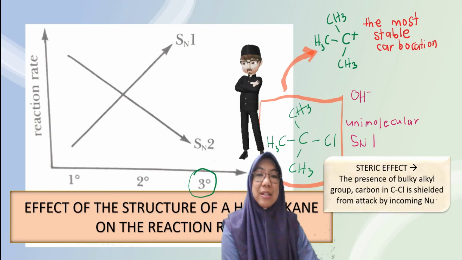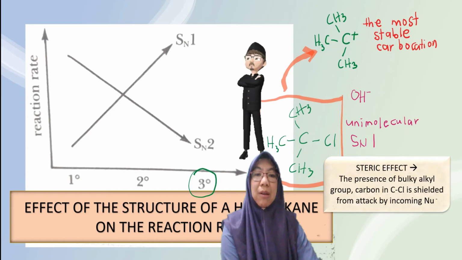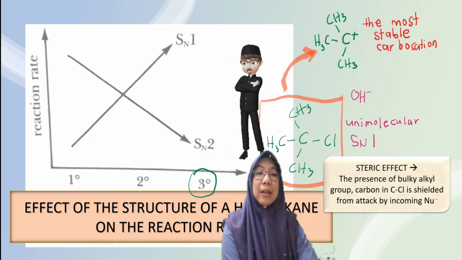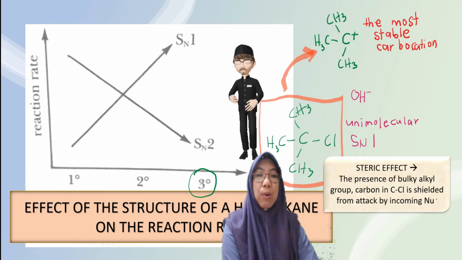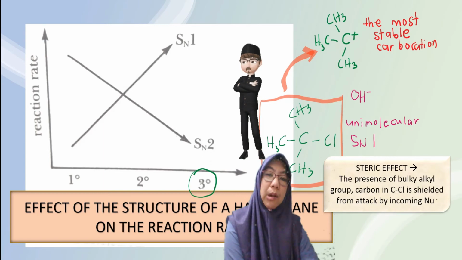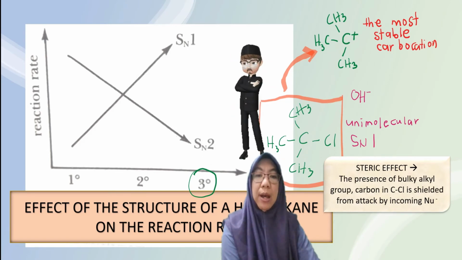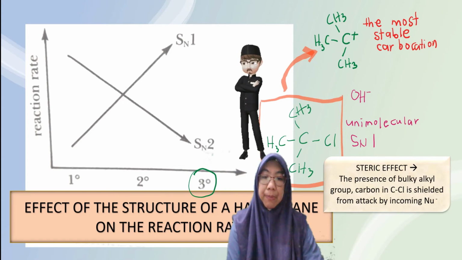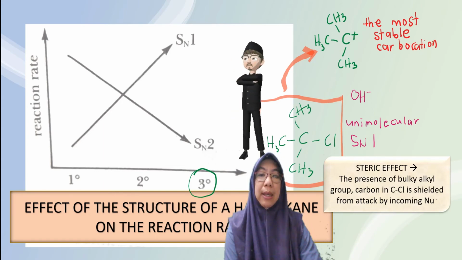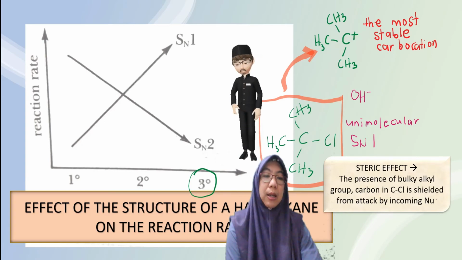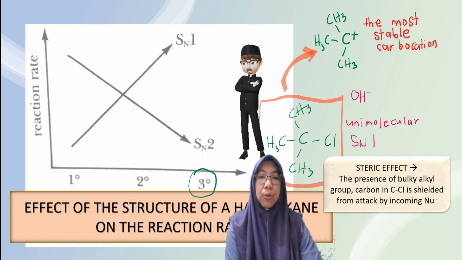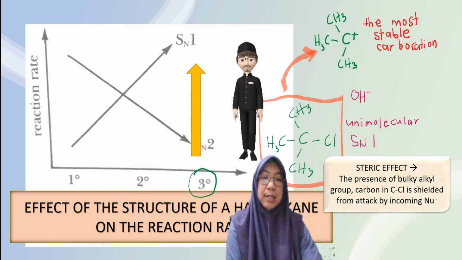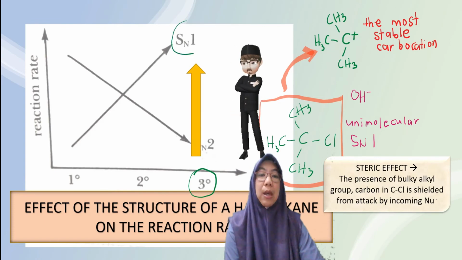The three alkyl groups shield the carbon, so they keep the OH, the nucleophile, from getting near the compound. That's why this tertiary haloalkane involves only one molecule in the mechanism, forming the carbocation. Hence the tertiary haloalkane has higher stability and higher reactivity to react in SN1.